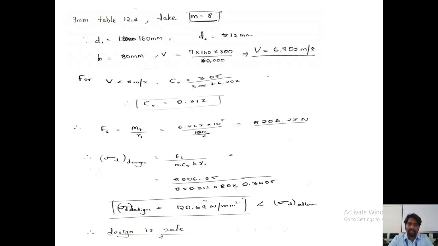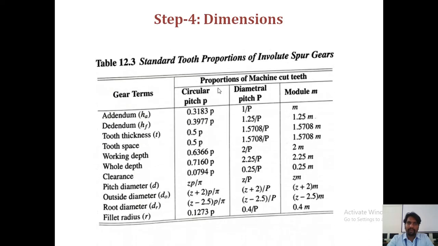So in the proceeding calculations from the third step, we need to use these parameters: module is equal to 8, D1 160, D2 512, B is 80, velocity, CV is 0.312 and Ft is these values. We need to use them for the next steps. Next, step 4 is dimensions.